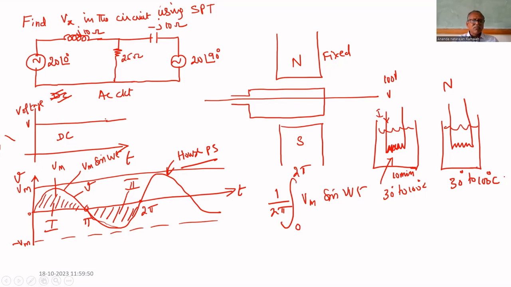Because AC is 50% of the time it travels in one direction. Another 50% of the time it travels in the opposite direction. Actually, what is happening here is the electrons are moving towards the right for half of the cycle. Another half of the cycle, it moves to the left.